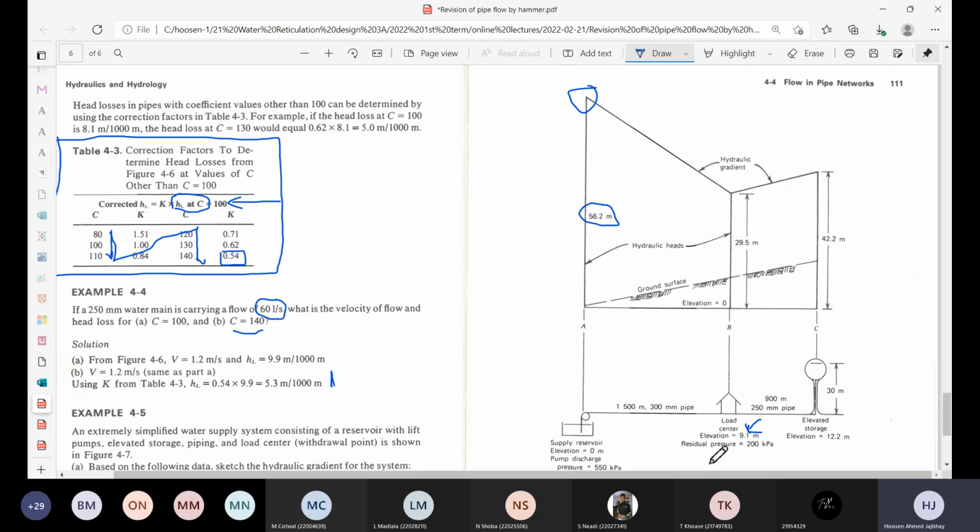And then you're told that the residual pressure at point B is 200 kPa. Now, what does that mean, residual pressure? It means that the pressure in the pipeline after all the head losses have occurred is 200 kPa. So you start off at point A with a pressure of 550 kPa, and then the water flows from A to B. The length of that pipeline is 1,500 meters, and the diameter is 300 millimeters.